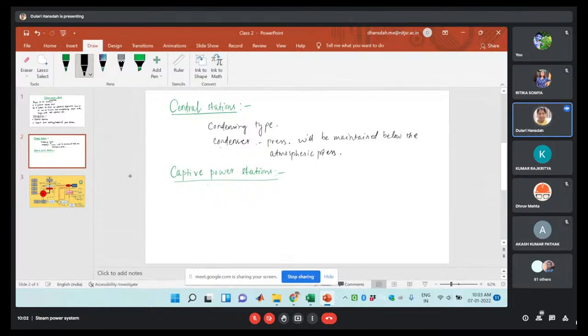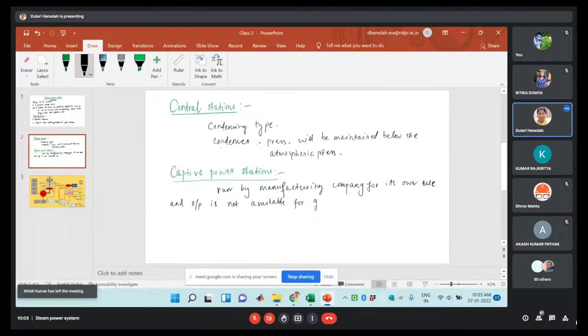This power station will be run by the manufacturing company for its own use only, and this one is the abbreviation for the output.